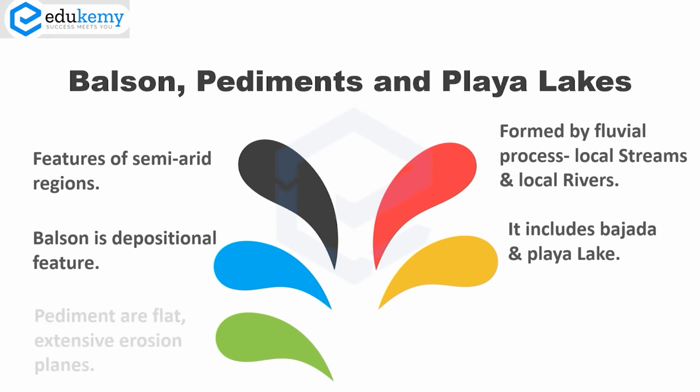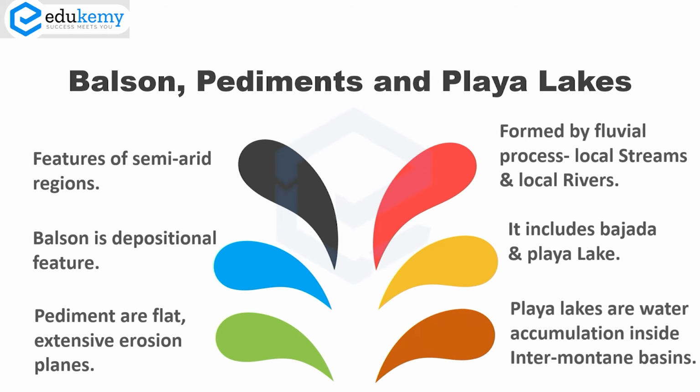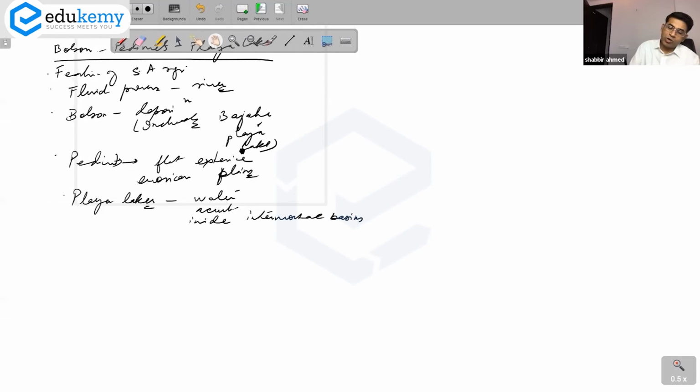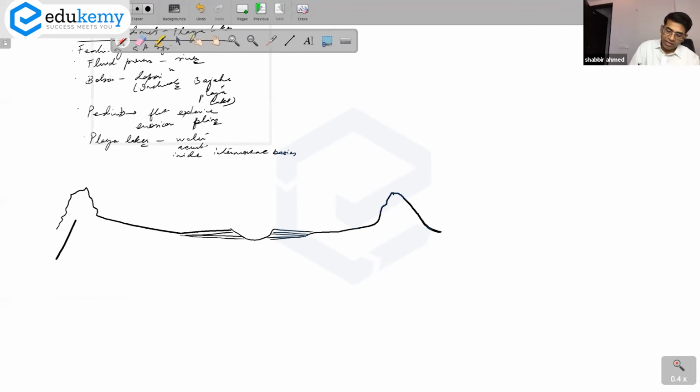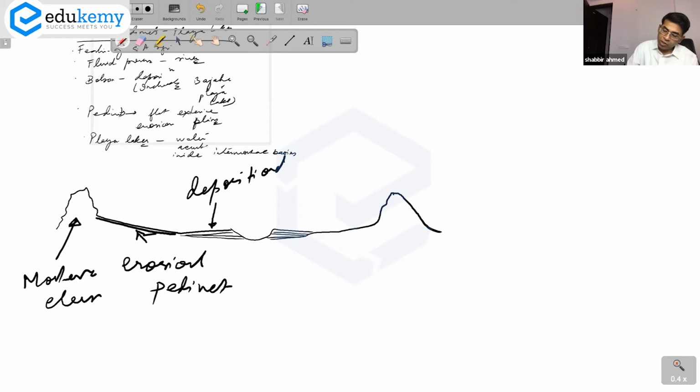Pediments, these are flat, extensive erosion plains, and playa lakes are water accumulations inside intermontane basins. So if we draw a figure, this is a mountain or elevations, erosional pediment, depositional bahada.